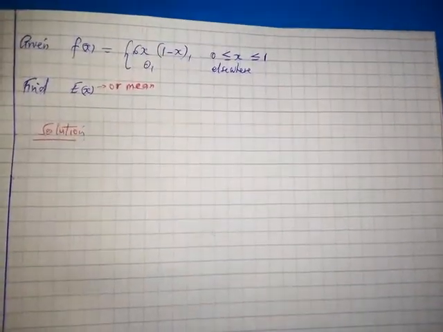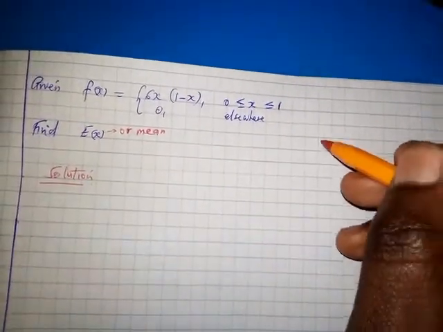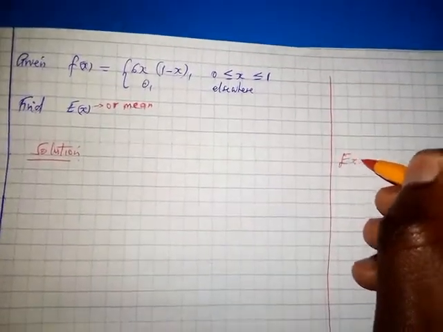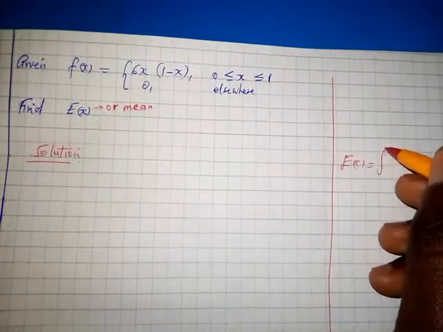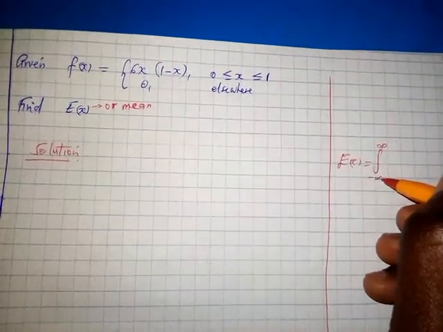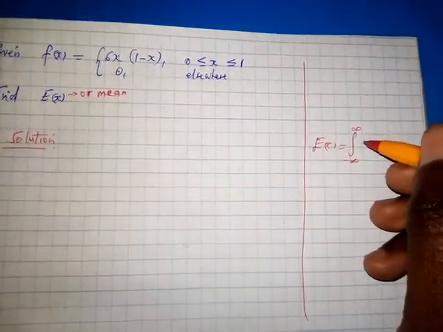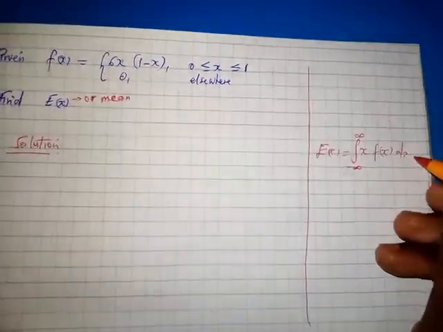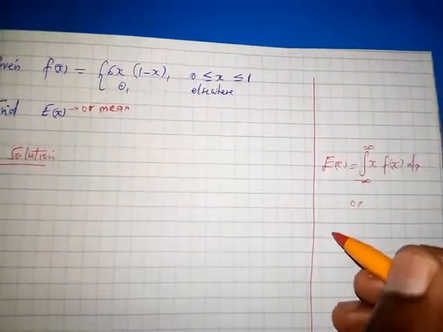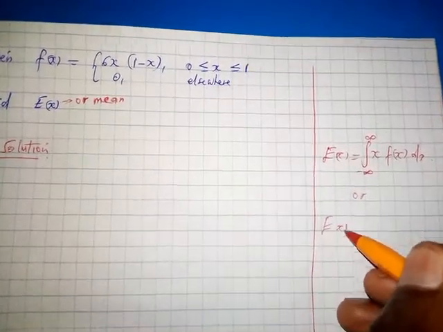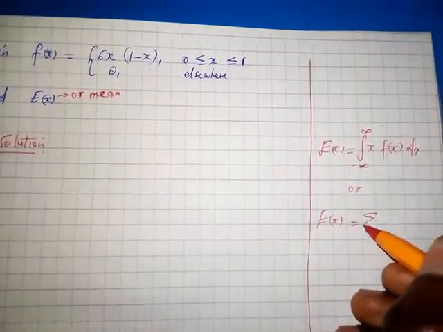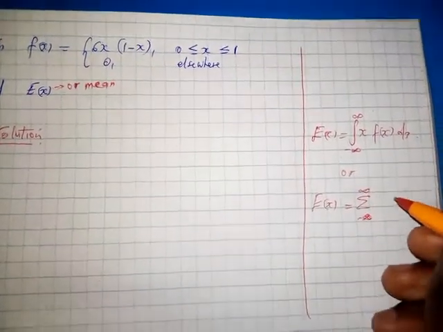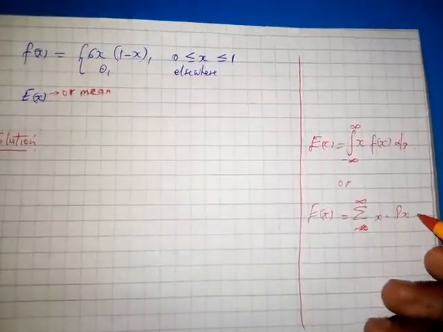So they don't know whether to use E(X) equals the integral from negative infinity to infinity of x f(x) dx, or E(X) equals the summation of x p(x).